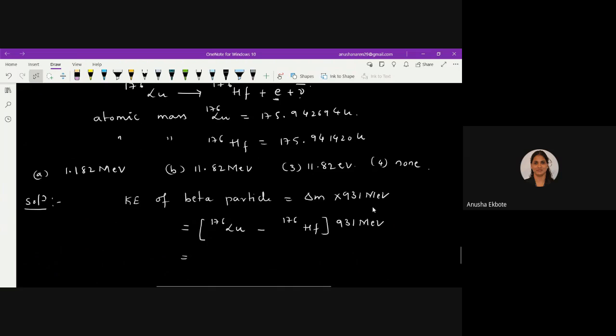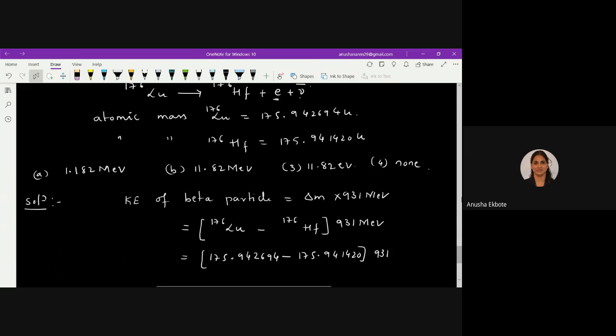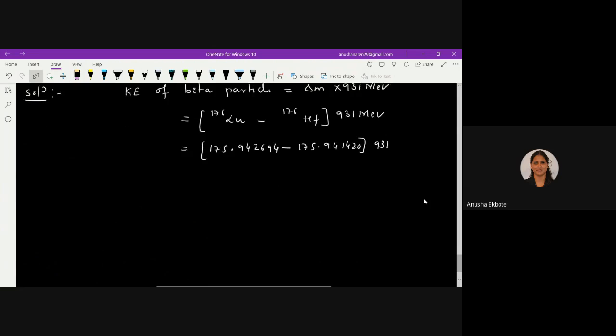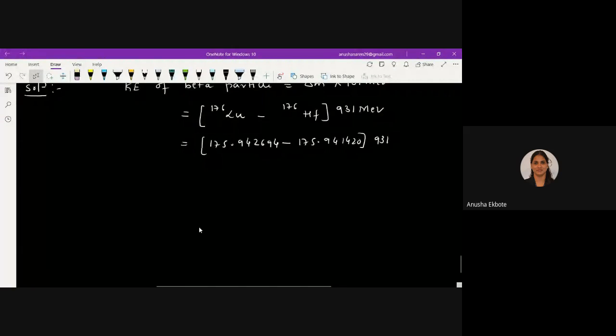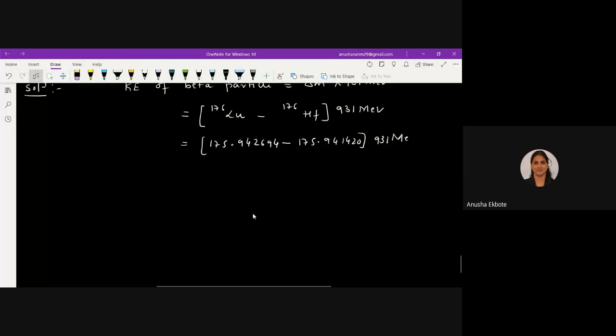When you substitute these values, that is 175.942694 minus 175.941420, into 931 mega electron volt. When you solve, this answer comes to 1.182 mega electron volts. So this is nothing but the kinetic energy.